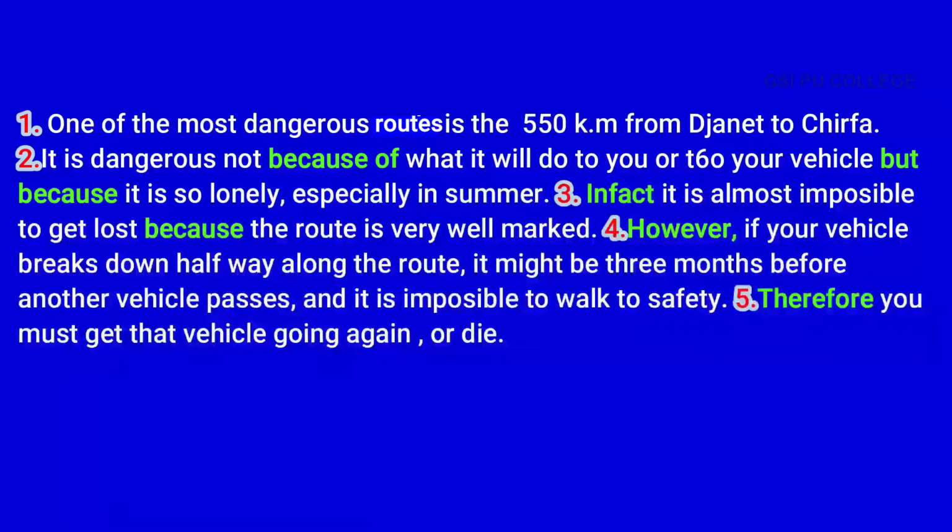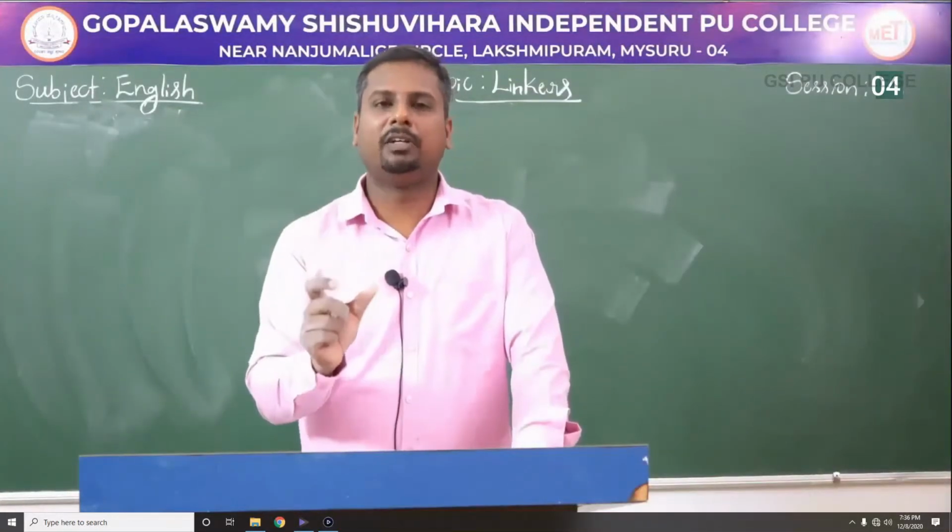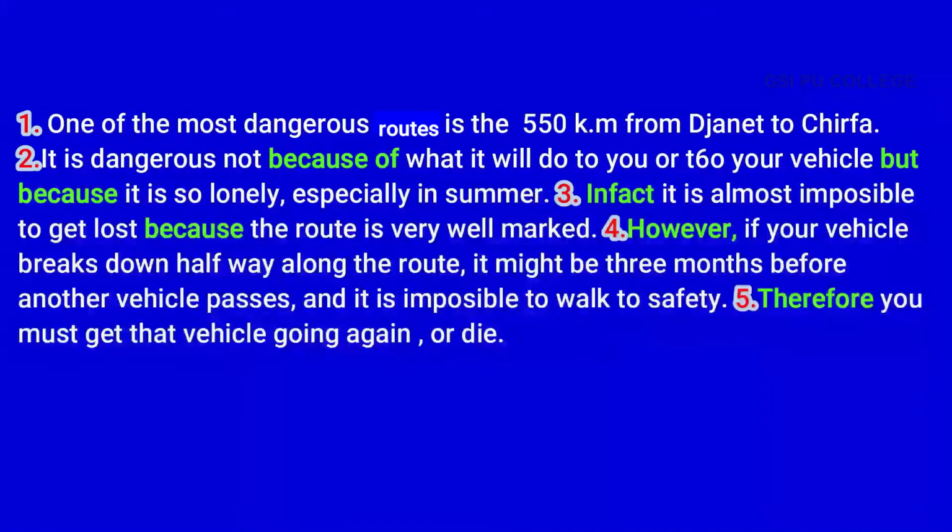Now let us move on to the next. However, if your vehicle breaks down halfway along the route, so here in the beginning of the 4th sentence, however is the linker. It might be 3 months before another vehicle passes, and again you have one more linking word, the conjunction and, it is impossible to walk to safety.